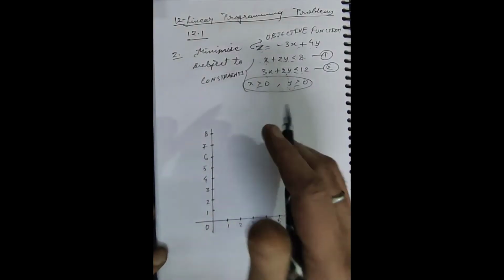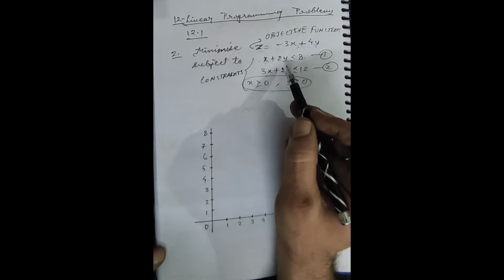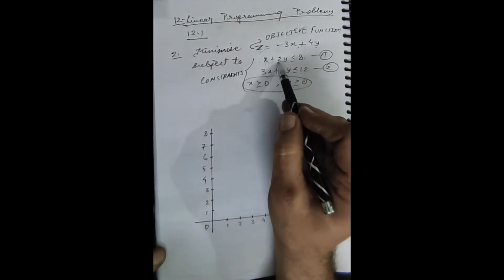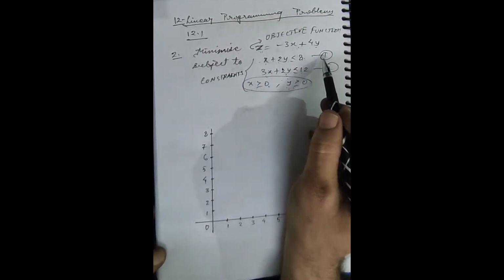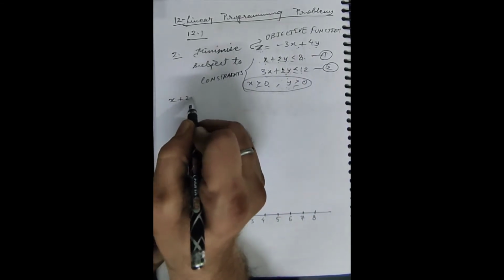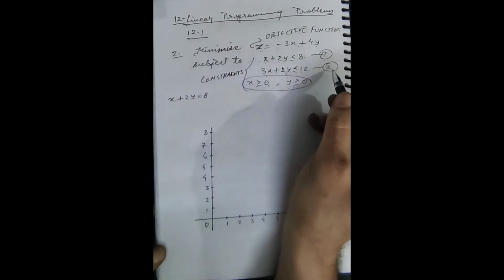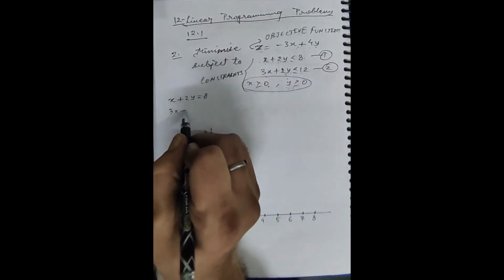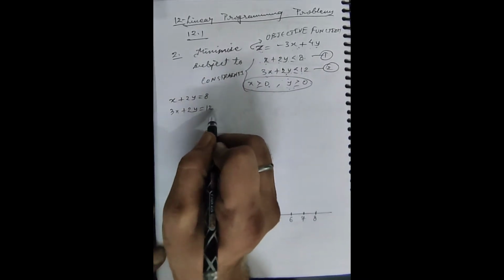Actually here we will draw the line associated with each inequation. Inequation number 1 has the associated straight line x plus 2y equal to 8, and the second is 3x plus 2y equal to 12.